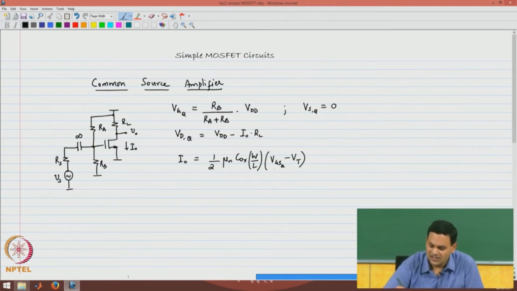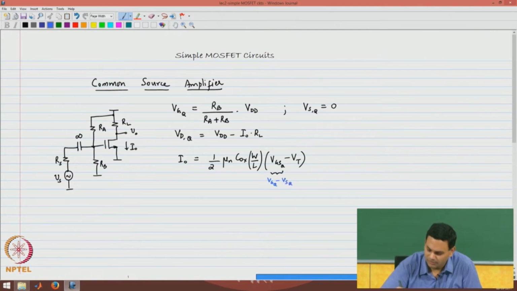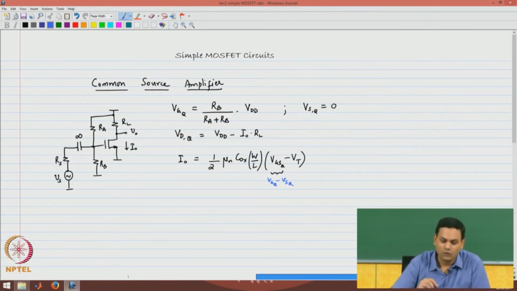And of course, VGSQ is nothing but VG quiescent minus VS quiescent. So, once VDD is known and RA and RB are known, you can find out the quiescent gate voltage. In this case, that also happens to be the quiescent gate source voltage, and the drain current is known, and therefore, the drain quiescent voltage is also known.